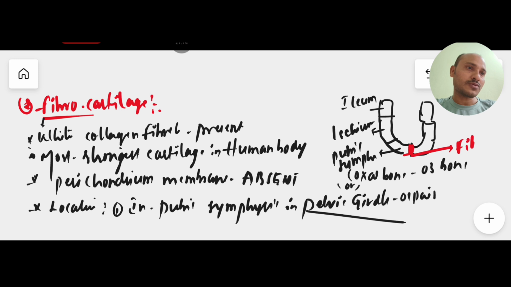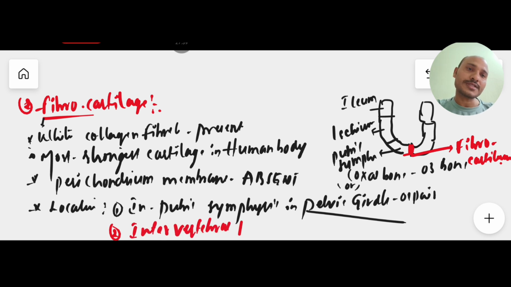So we have fibrocartilage at the pubic symphysis of the pelvic girdle, and this is the most important location of fibrocartilage.